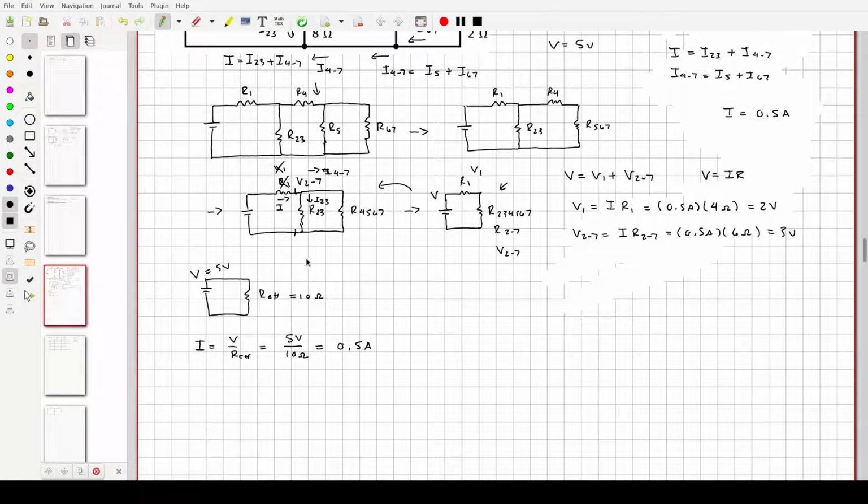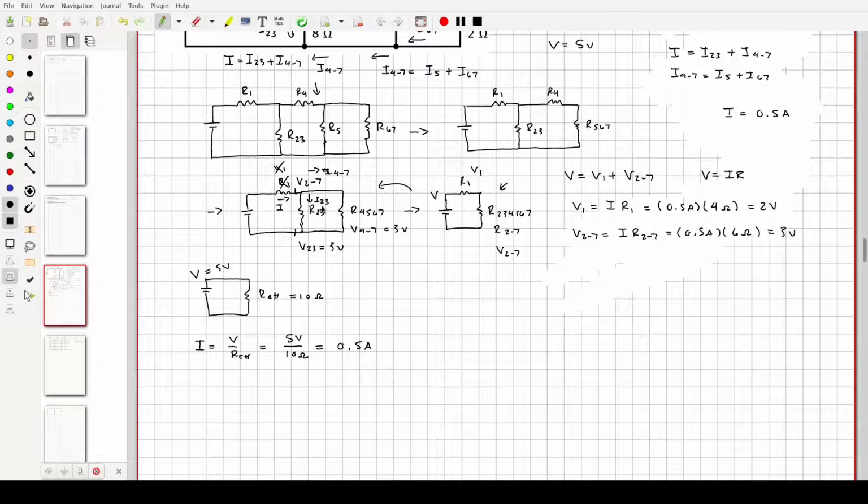We know that through these components the V is the same. So V23 and V4 through 7 are going to be the same, 3 volts. Three volts across this as well.